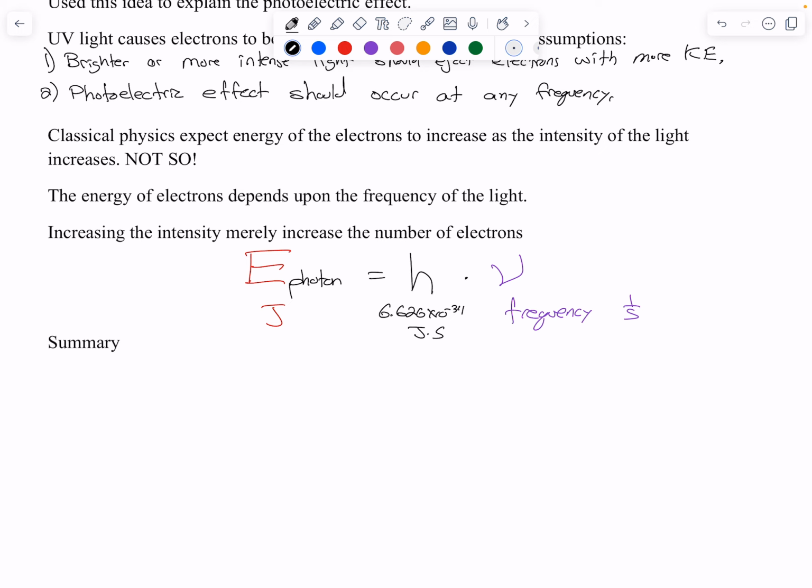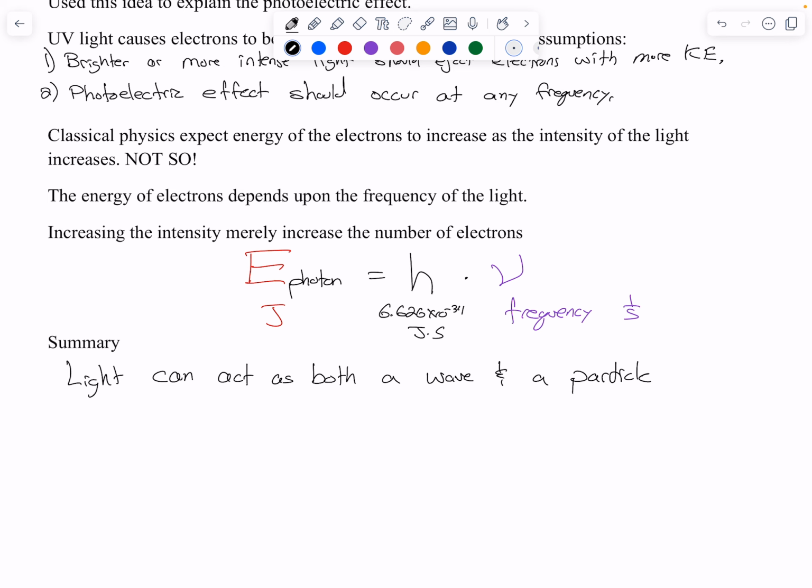So if you increase the intensity, you get more electrons, but you don't get more energy, right? Which is weird for us. And so what this comes out to is that light can act as both a wave and a particle.